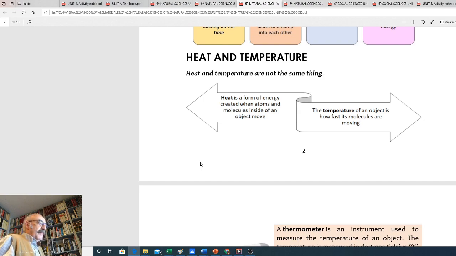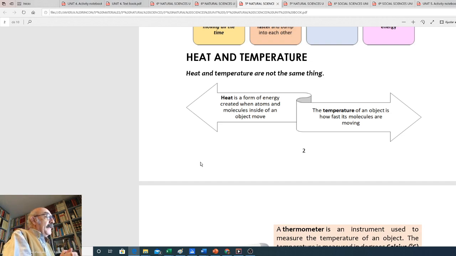So remember that the other day we talked about heat and temperature. And the first thing that we need to bear in mind is that it is one thing heat and quite another very different thing temperature. Okay, there are 2 different things. Heat is a form of energy, and this form of energy comes from the movement of the molecules in an object.